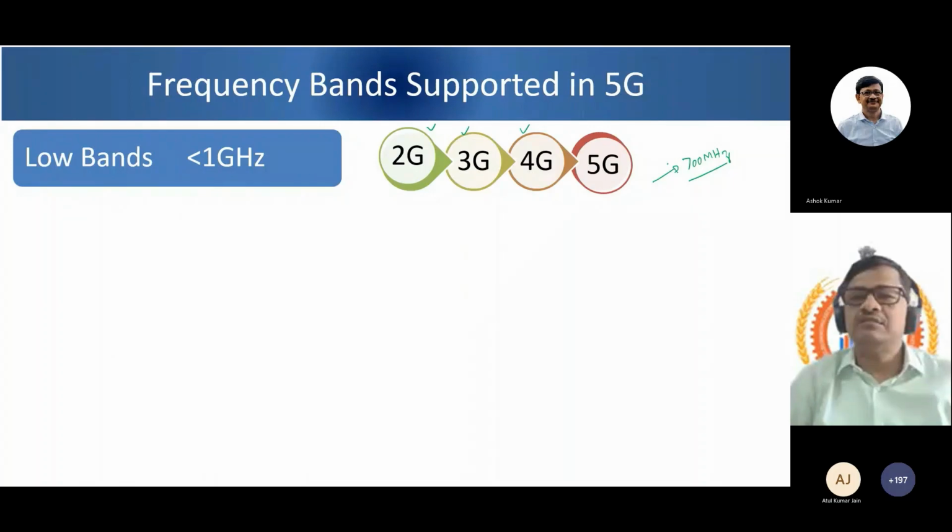So they have taken 20 megahertz of bandwidth from the 700 megahertz band. So Jio has the lower side of the band, and whatever 5G deployment you are seeing, they are deploying on the 700 megahertz band also.